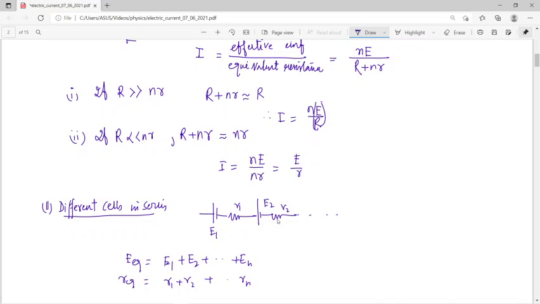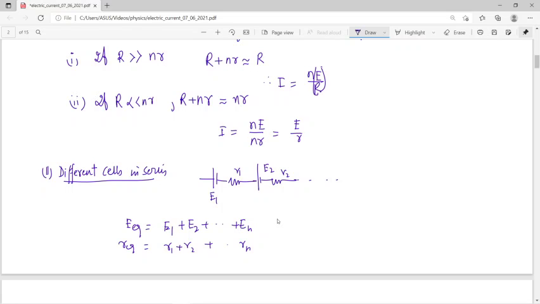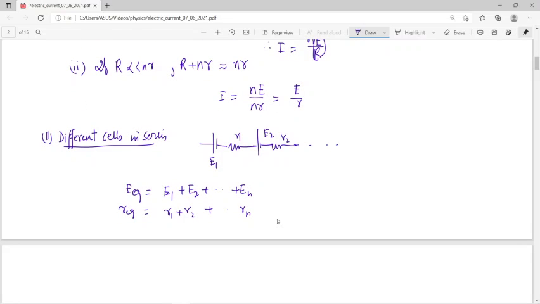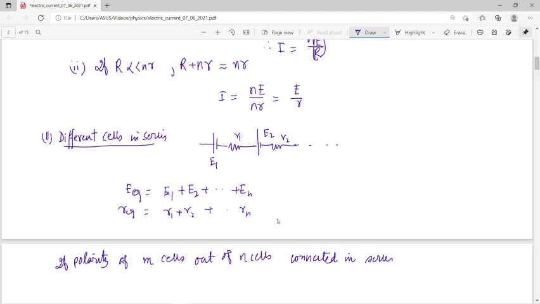So we can make a formula: if there are n cells, and if the polarity of m cells out of n cells connected in series with the external resistance R is reversed, that means they are connected in reverse.